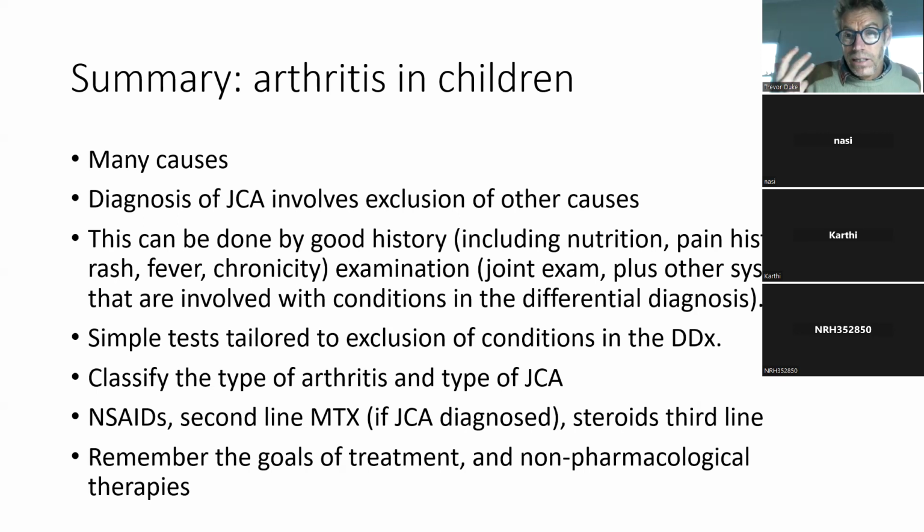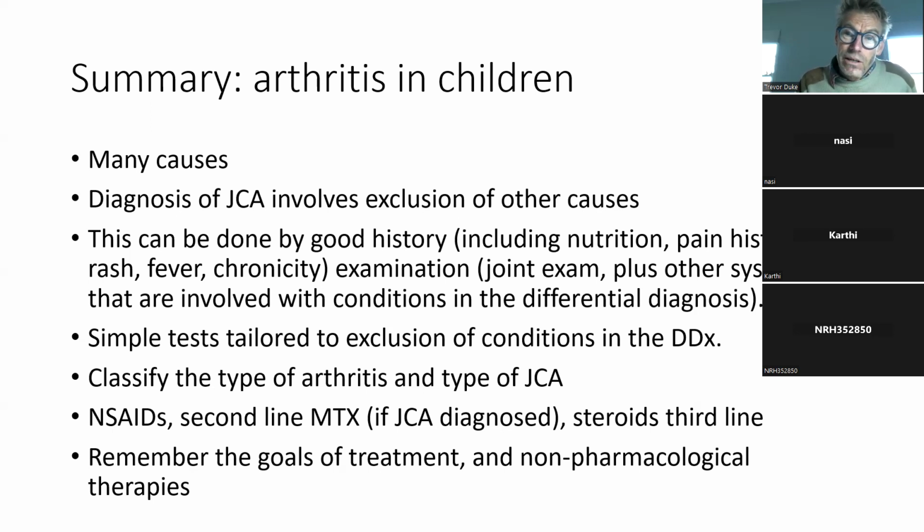You just have to think about the other things and exclude them based on a good history and a good examination, especially a nutritional history. Pediatricians need to know how to do proper joint examinations and take a proper history of pain in joints. I haven't gone too much into those basic aspects today, but we really should get good at the practical aspects of taking a good history of joint pain.